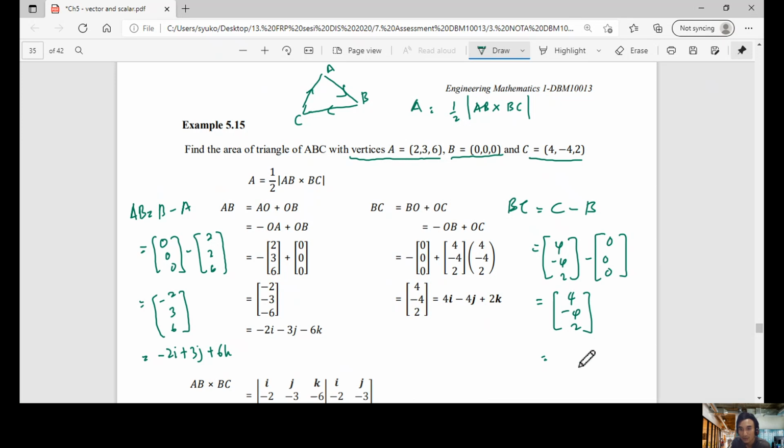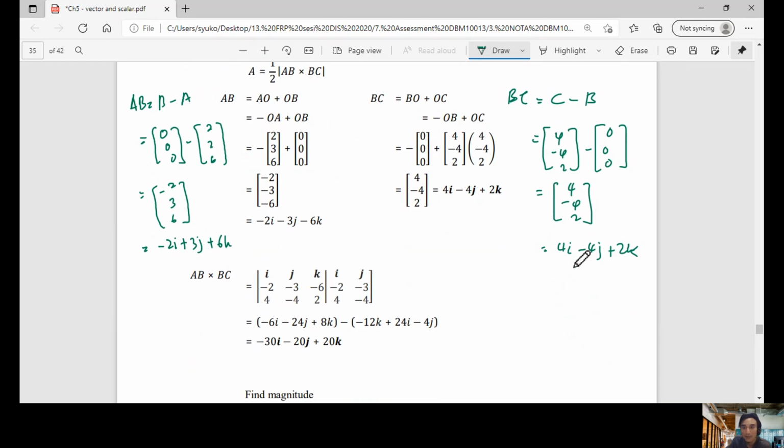Okay, or we convert into the vector form 4i minus 4j plus 2k. So you guys can use the suitable method in your solution.